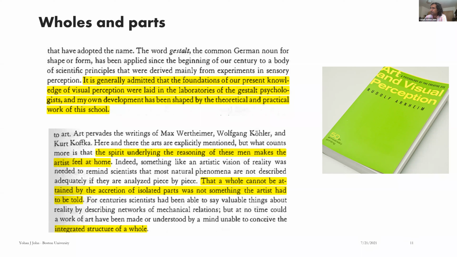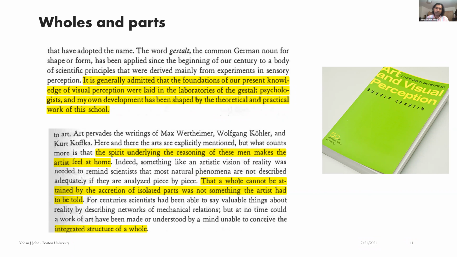For them, the idea that a whole cannot be attained by the accretion of isolated parts was not something the artist had to be told. So by this time, if not even much earlier, the artist knew that there's something about perceiving that involves the whole thing, whole canvas, whole sculpture. It's an integrated structure, and perceiving it does not involve adding up little bits of anything.